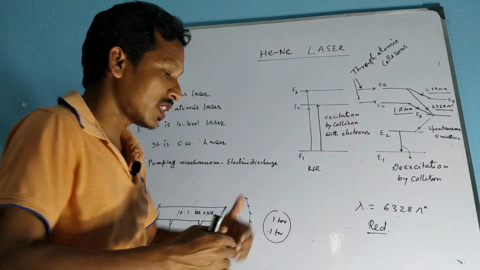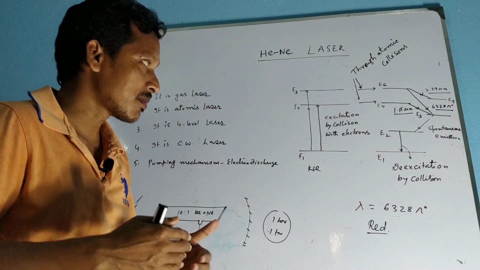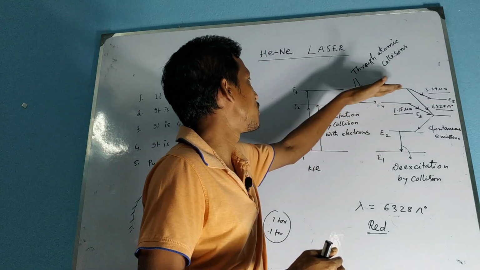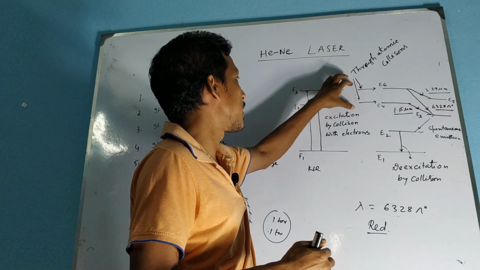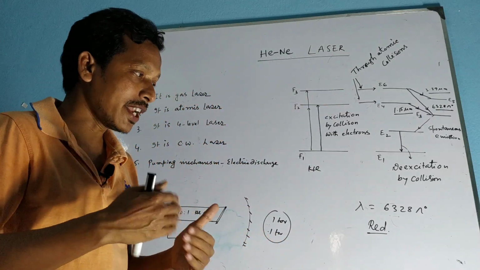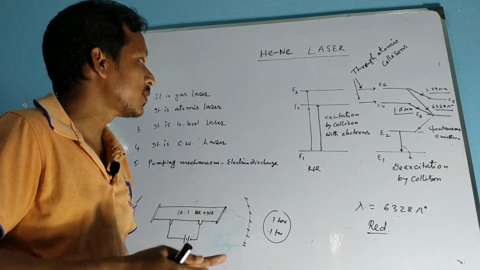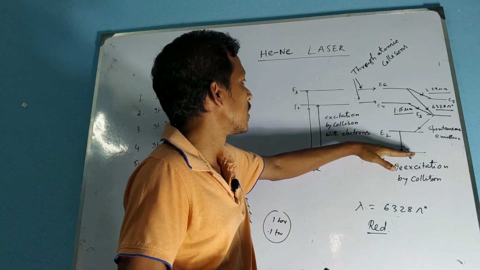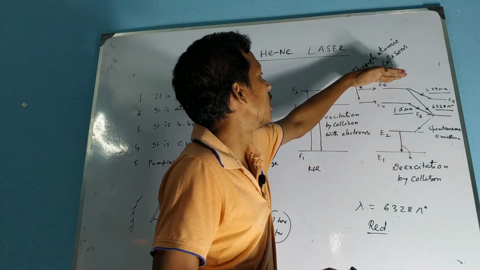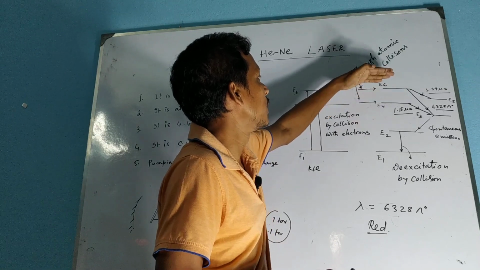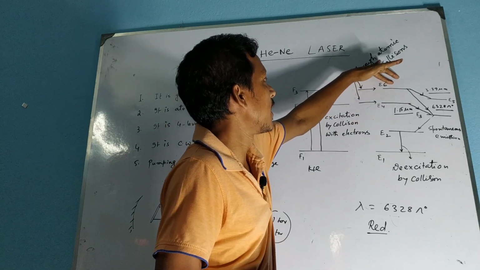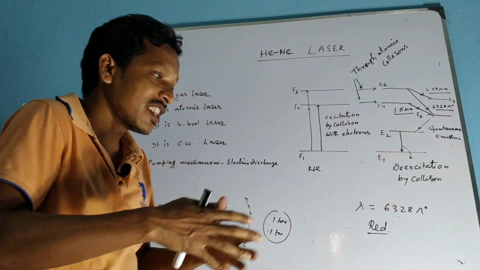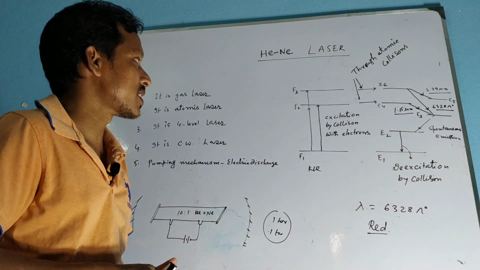Since the metastable states of the neon atoms, E4 and E6, are approximately close to the metastable states of the helium atom, when an excited helium atom collides with a neon atom in the ground state, the neon atom is excited to its metastable state E6 or E4 due to the inelastic atom-atom collision, the resonant collision.